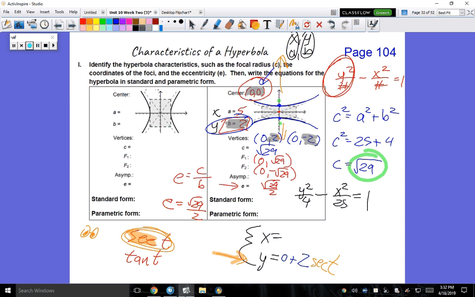Now, do I need this 0 here? I don't. Okay? I'll put it just for instructional purposes, and this x is now going to be the tangent piece. So what goes in front of the tangent? 0 plus what? Tangent of t. 5. Again, because 5 is x, otherwise horizontal, it's going to go over here.